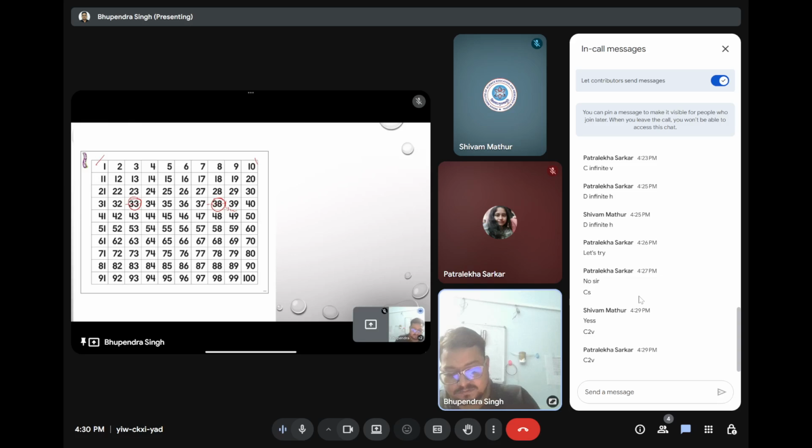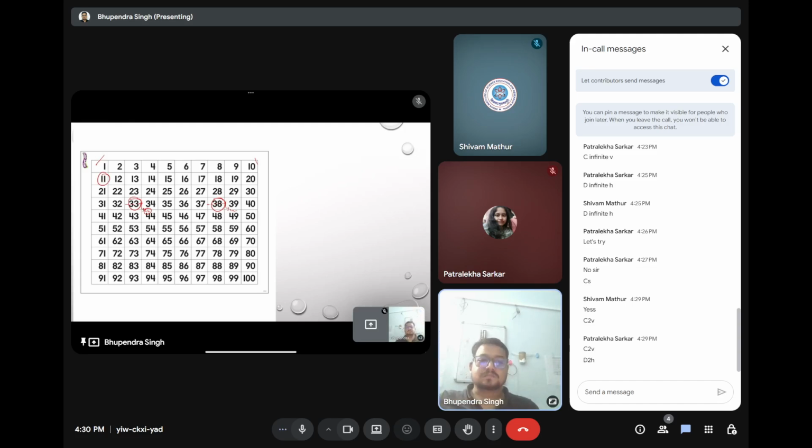Yes, C2V, because only this C2 is present, this axis of rotation. Okay, 11. D2H. Yes, this, this, and also here, like from above the plane. So D2H.